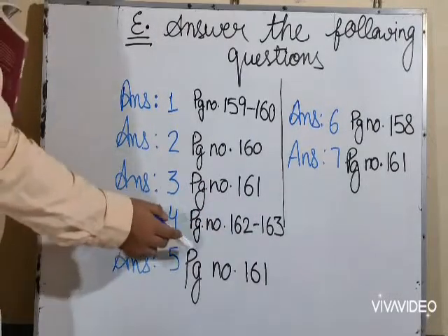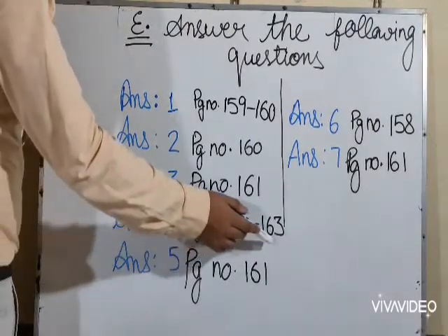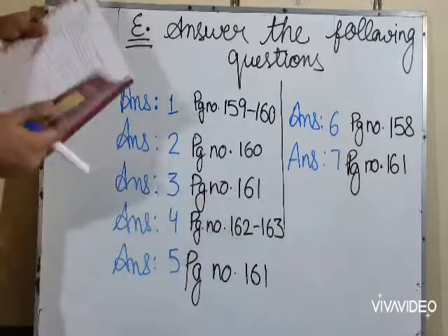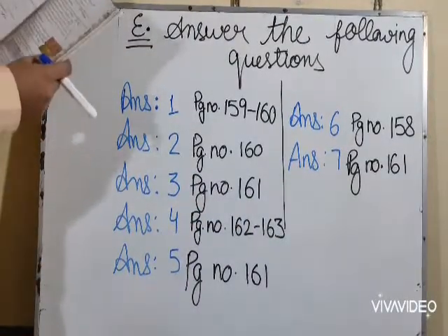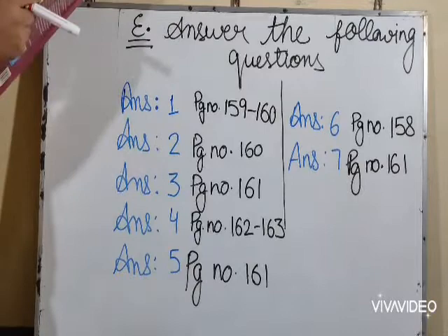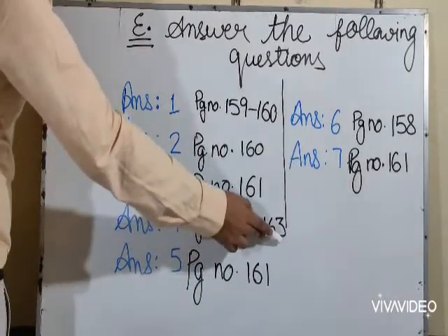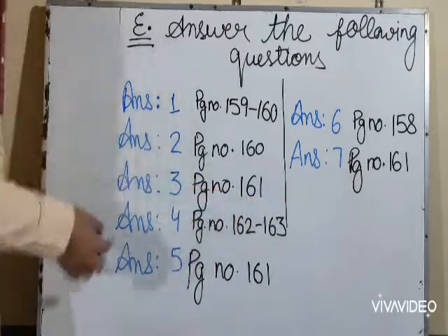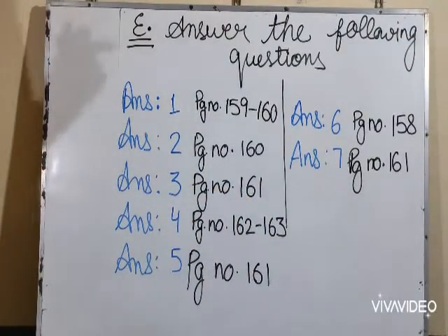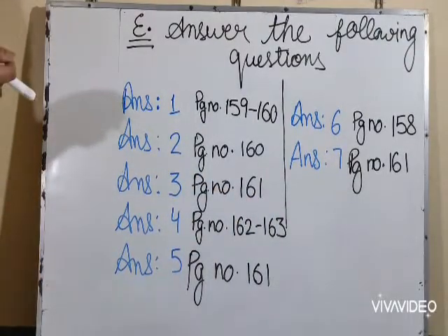Answer number 4 will be on page number 162 and 163. Question number 4 is: what is the composition of the state legislature? When you open page number 162 and 163, you will get the heading, the state legislature and composition of a state legislature.